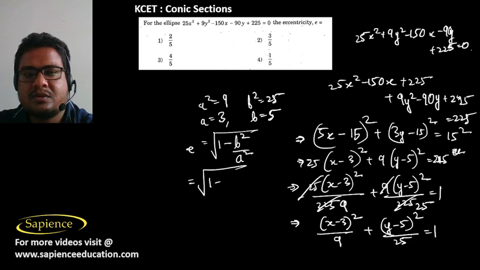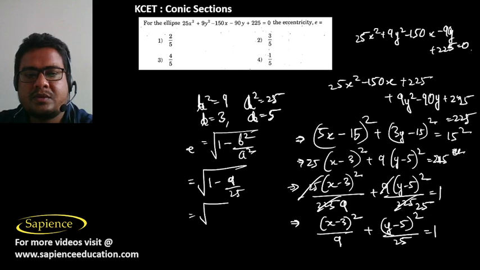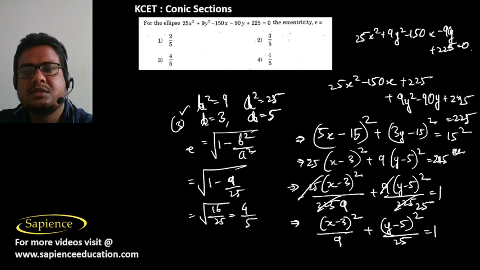So this is a vertical ellipse, so the larger one is more than the smaller one. So this will be b square by a square, so this will be 1 minus 9 by 25. So this is square root of 16 by 25, which is 4 by 5. So option 3 is the correct answer.